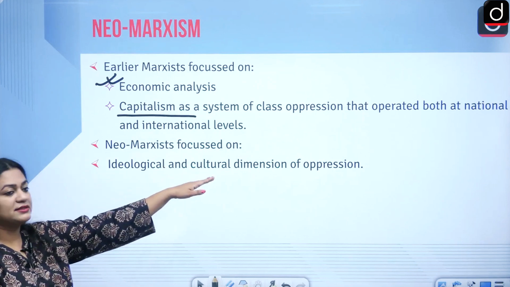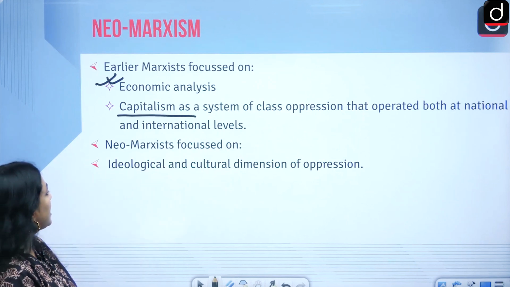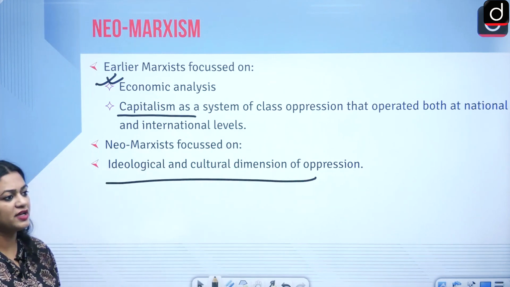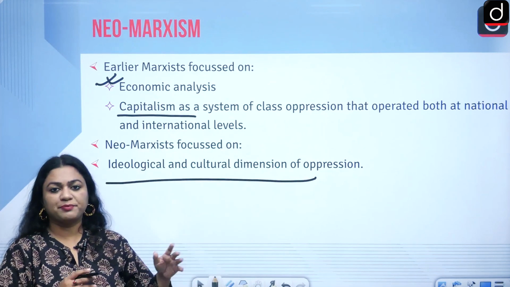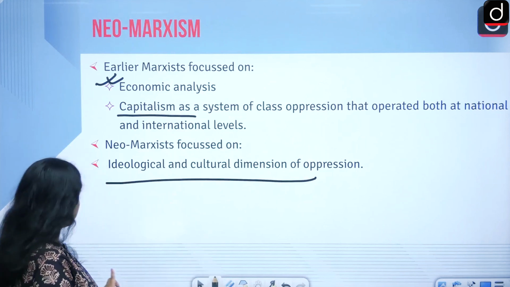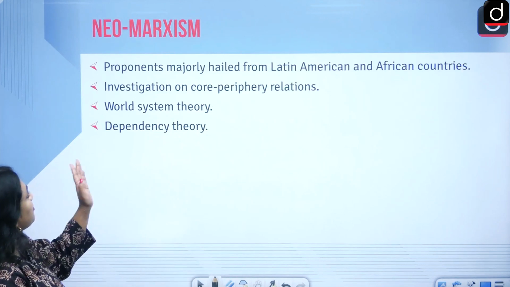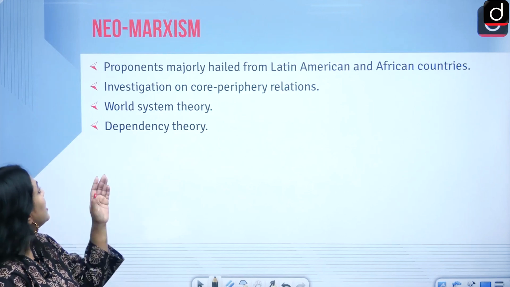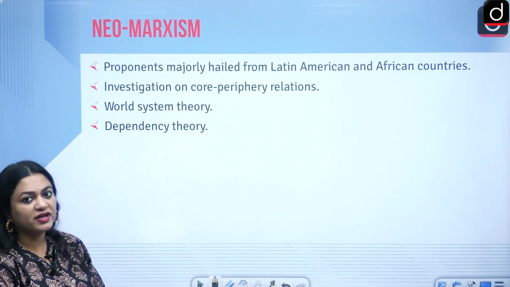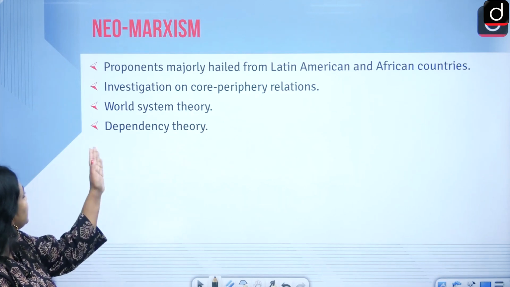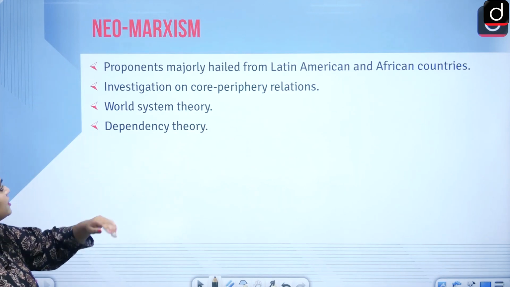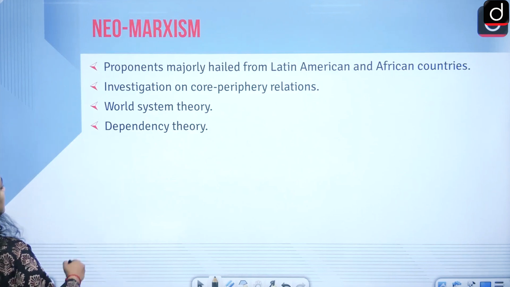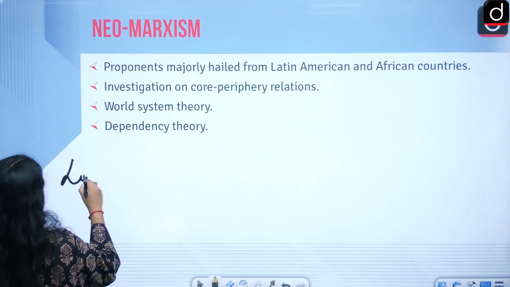Now, the neo-Marxists focused on the ideological as well as the cultural dimension of oppression. The dependency schools had proponents who majorly hailed from Latin American and African countries, investigating core-peripheral relations. Then we have the world system theory as well as the dependency theory.